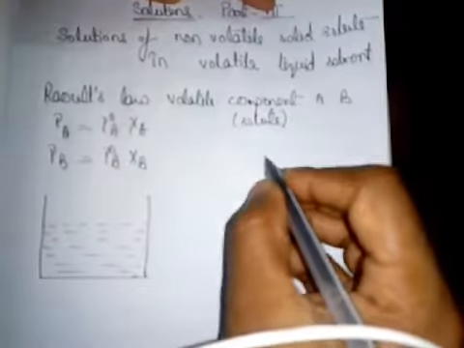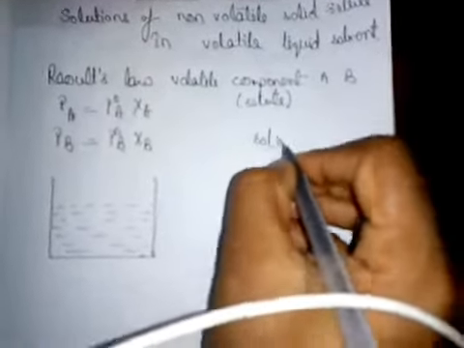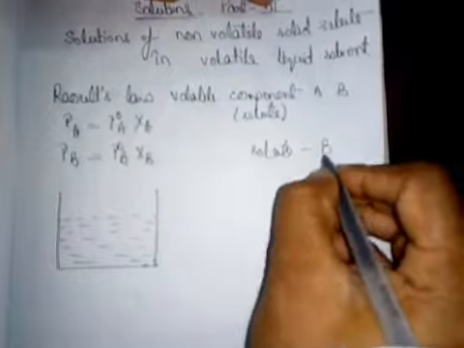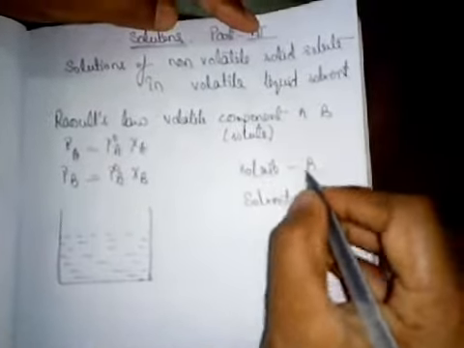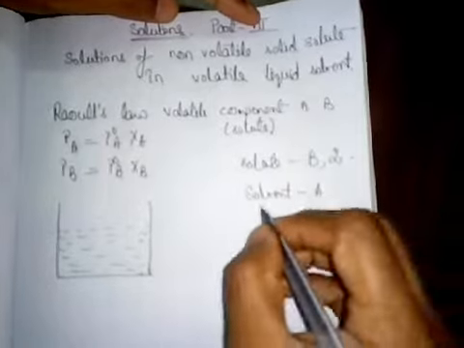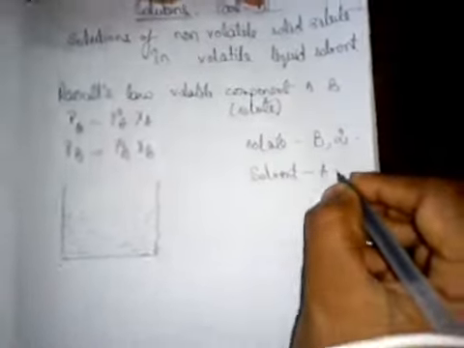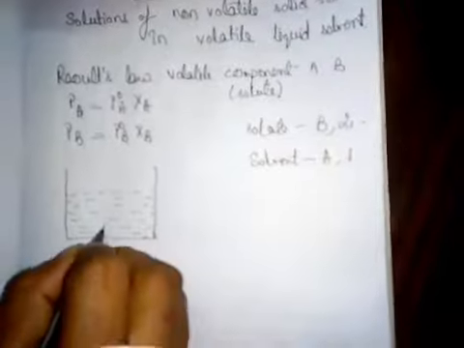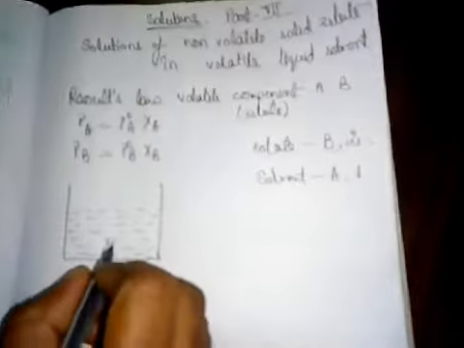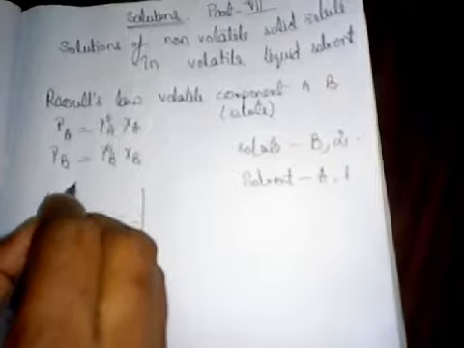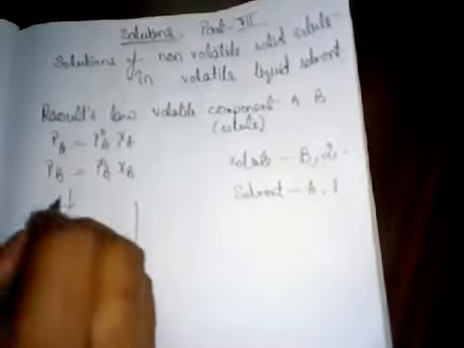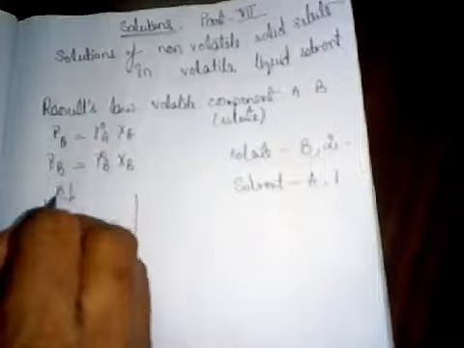Now, for convention, generally solute is taken as B, solvent is taken as A, or solute is given the number 2, solvent is given the number 1. So, in this we have taken the solvent A. To this, we will be adding the non-volatile solute B.